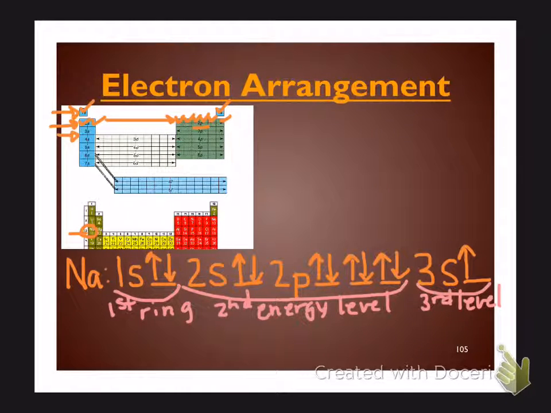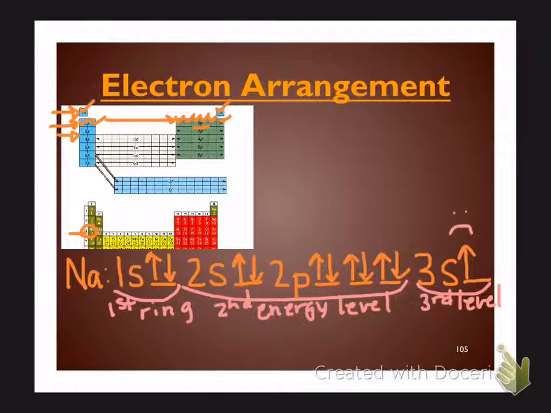Now notice that this electron is all by itself, and it's not very happy. So even though all electrons have the same type of charge, and outside of an atom they might repel each other, inside of an atom they actually like to be paired. So this electron says, I'm all by myself, I need a friend. So sodium might give that electron away.